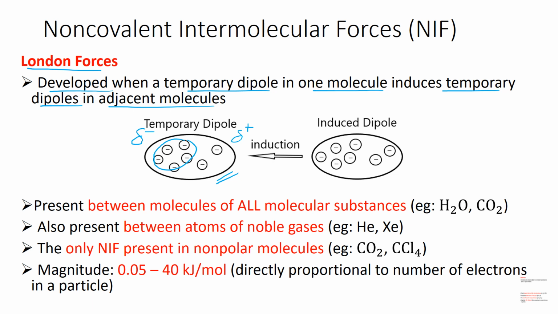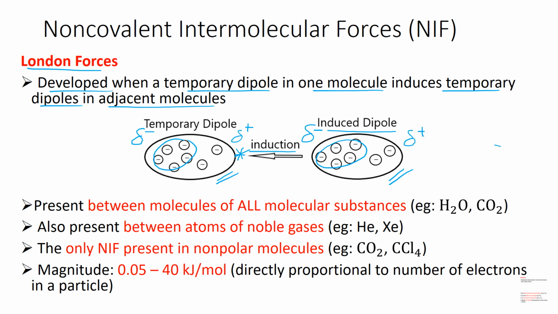Now, this temporary dipole will induce another temporary dipole in an adjacent molecule. For example, we have the second molecule. Since the right end of the first molecule is partially positive, it will tend to attract the electrons in the second molecule, such that the left end of the second molecule will have a partial negative charge and the right end will have a partial positive charge.